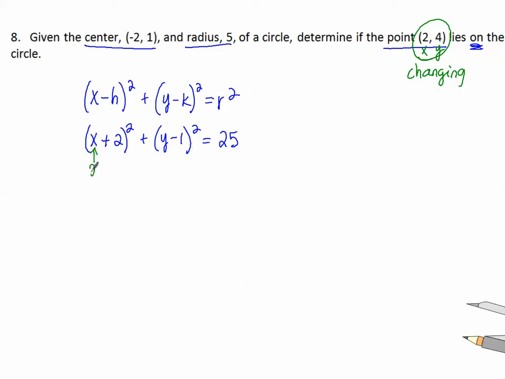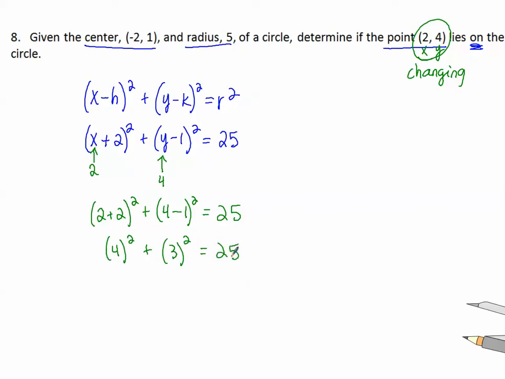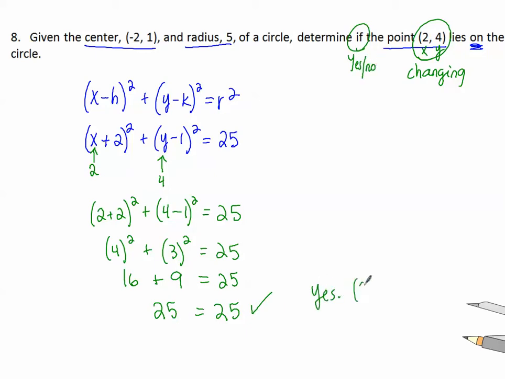So we're going to put the 2 in for the x and the 4 in for the y, and let's see. (2 + 2)^2 + (4 - 1)^2. 2 plus 2 is 4, 4 minus 1 is 3, 4 squared is 16, 3 squared is 9, and look at that, we do get 25. So determine if, that's a yes or no, the point lies on the circle. Yes, the point (2, 4) lies on the circle.